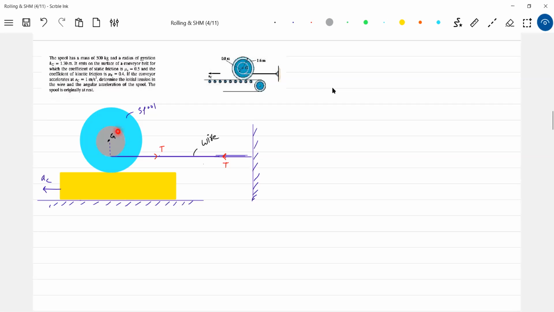A string is wound on the shaft of the spool. Then it is connected to the wall, and that particular spool is placed on a conveyor belt, where the conveyor belt will have acceleration AC. Now it is asked to determine the initial tension and angular acceleration of the spool. The spool is originally at rest. Go back to Newton's laws of motion, inertia of rest.